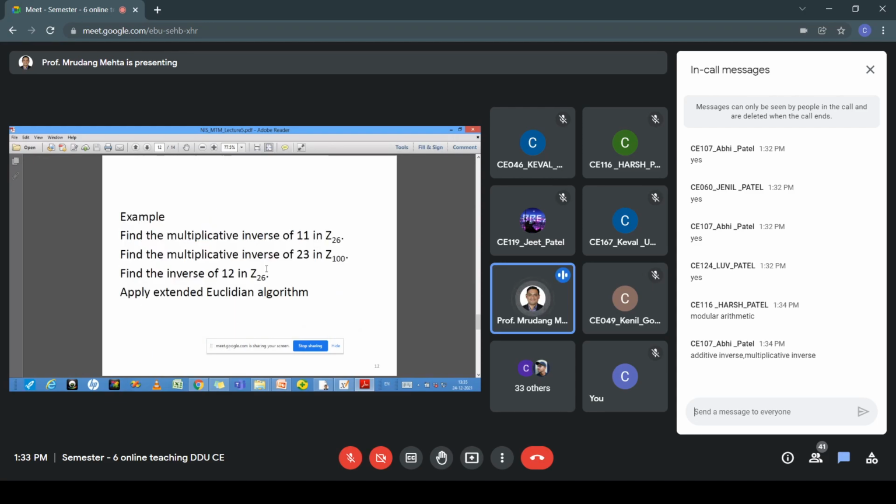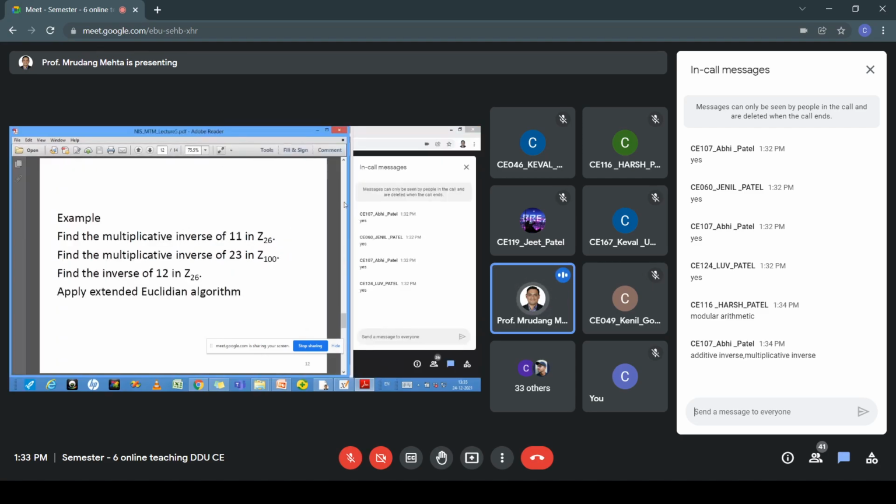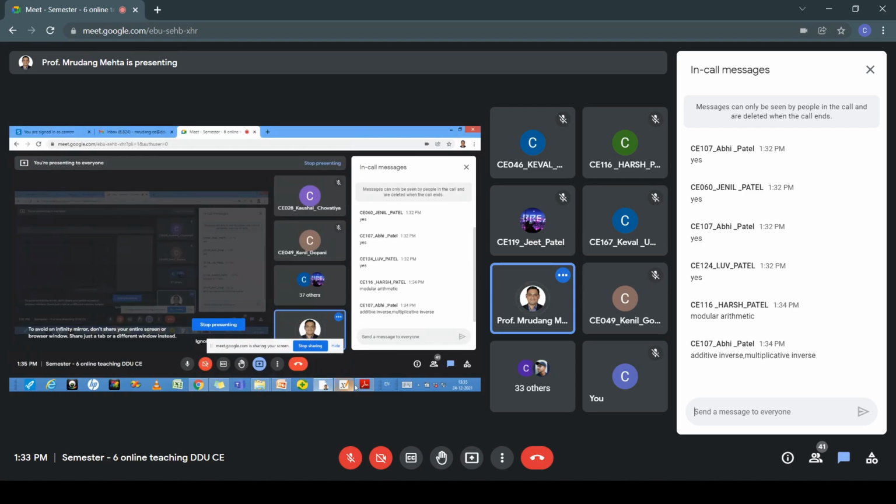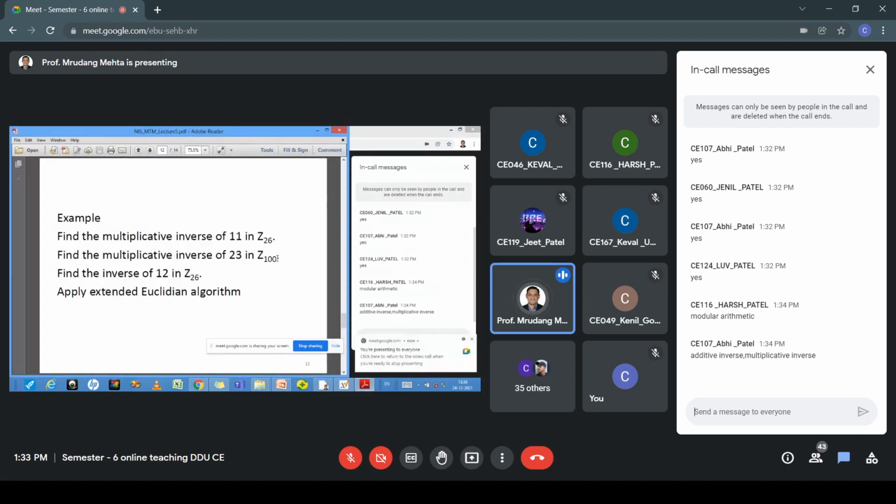And then I asked you to solve this problem on your own, right? The multiplicative inverse of 11 in Z26. So how many of you have done this, the multiplicative inverse of 11 in Z26?